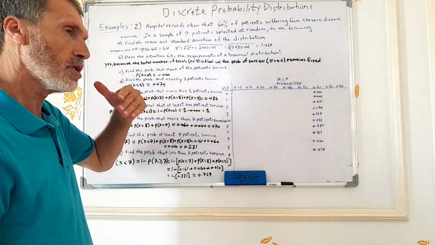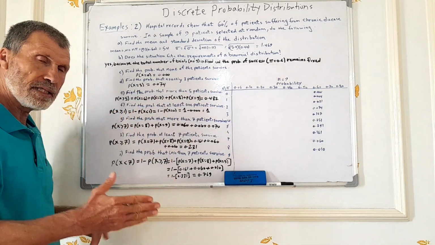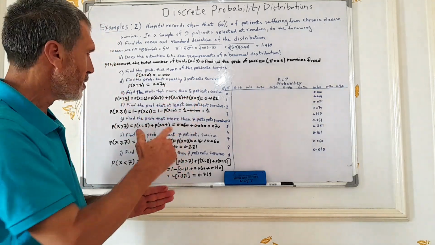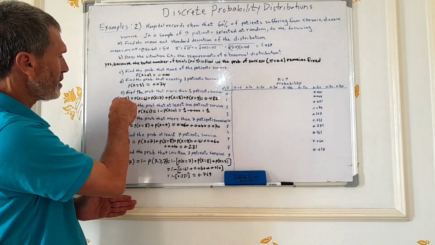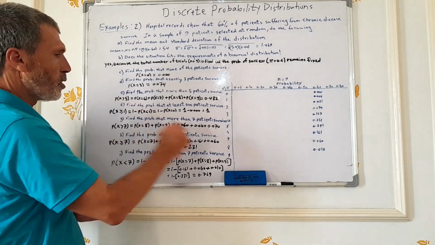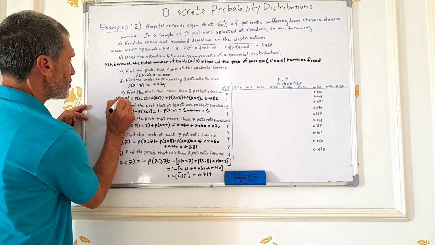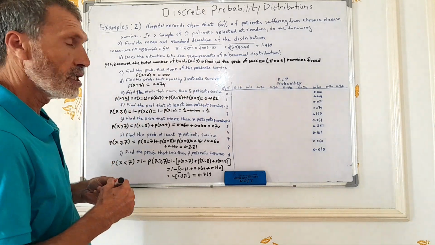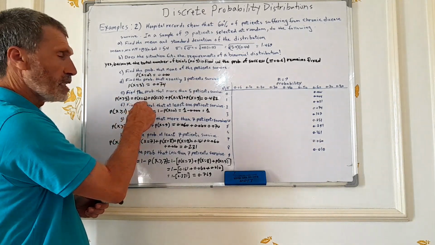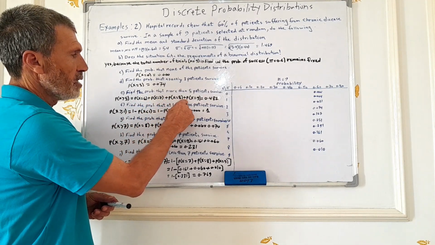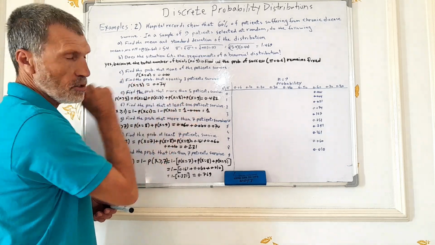Now, part E says find the probability that more than 5 patients survive. More than is a keyword, which means greater than. So probability of x greater than 5, which is equal to probability of x equals 6 plus probability of x equals 7 plus probability of x equals 8 plus probability of x equals 9.